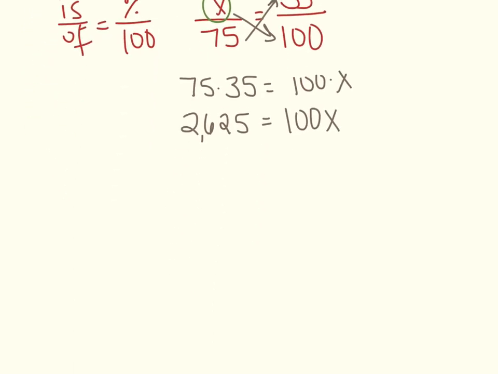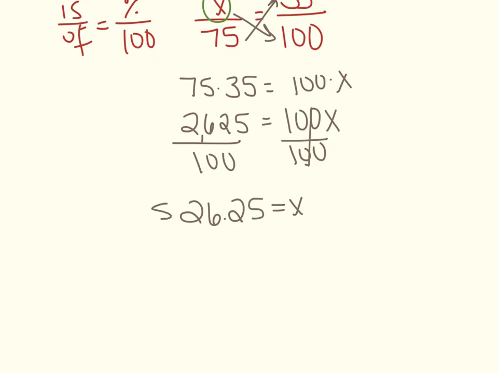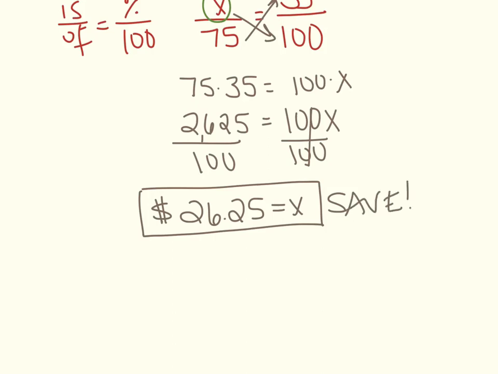I can then divide both sides by 100 to isolate my variable of x, and that's going to leave me with x is equal to $26.25. This tells me that Greg is going to save $26.25 on that dog bed.